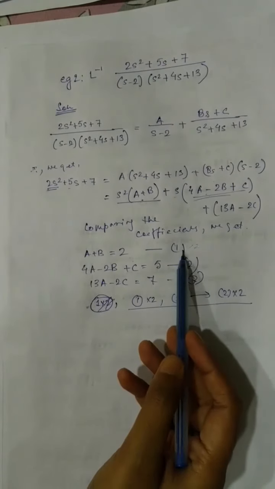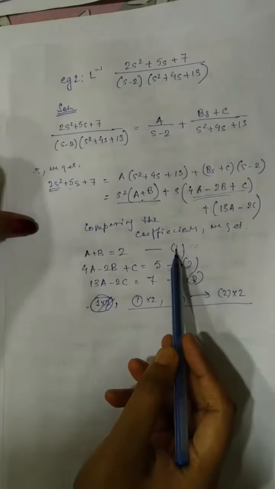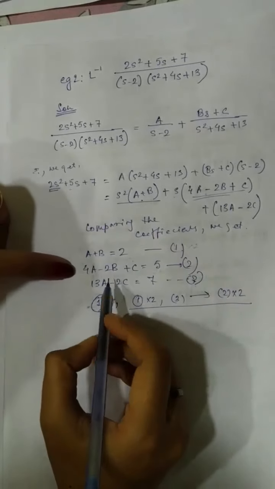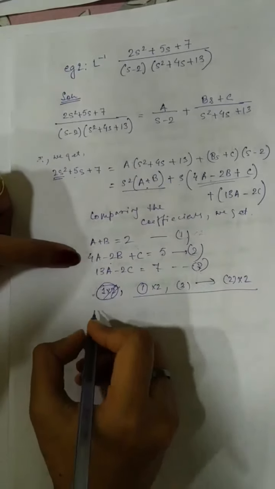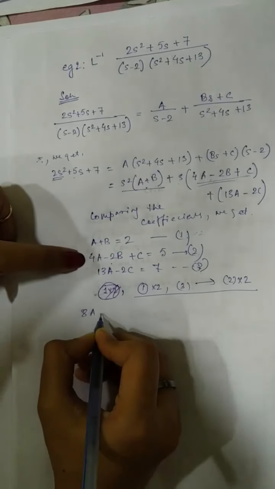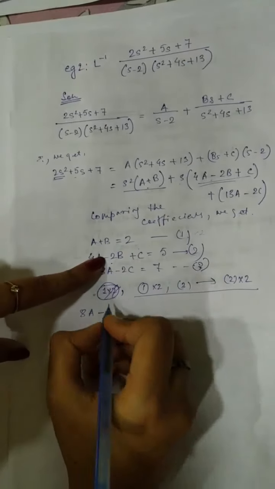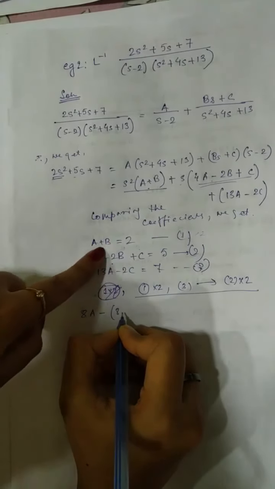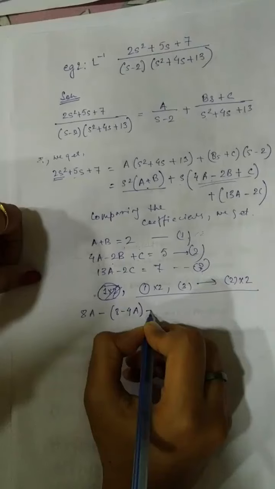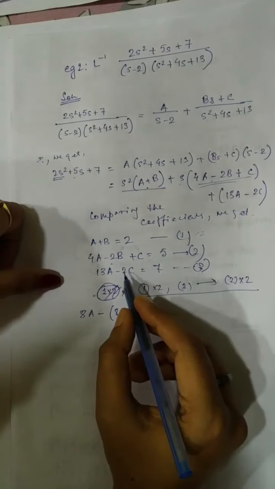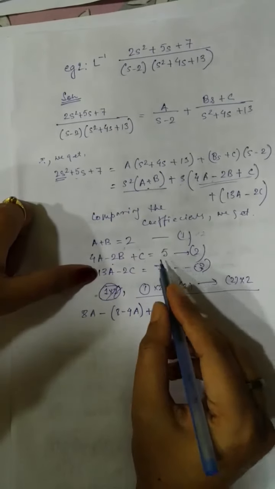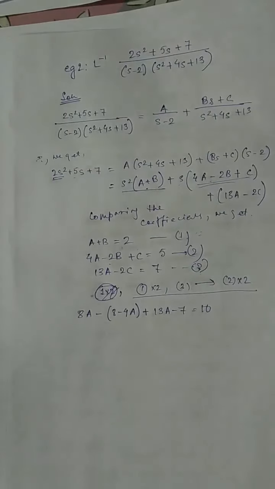So I get the 2B and 2C terms. Over here, I've multiplied this equation by 2, so it becomes 8A minus 4B. So 4B gives me 8 minus 4A, right, plus 2C gives me 13A minus 7 is equal to, I multiply by 10, right?